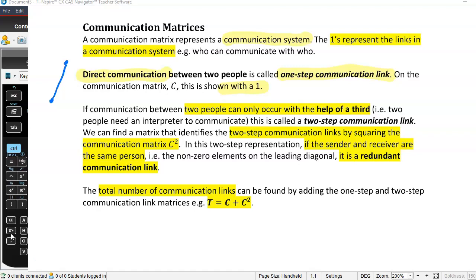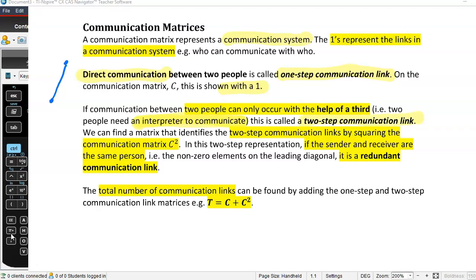If communication between two people can only occur with the help of a third person, for example if you need an interpreter to communicate between the two of you, or if two people are in a fight and can't talk to each other and need a third person, this is called a two-step communication link.